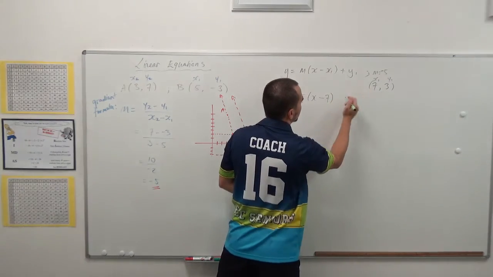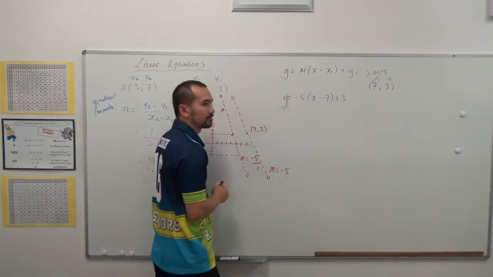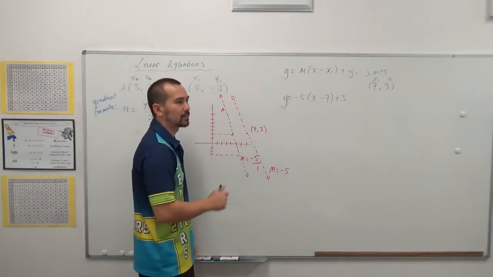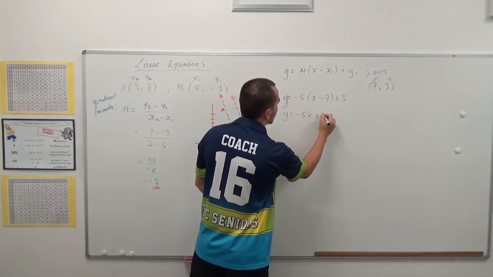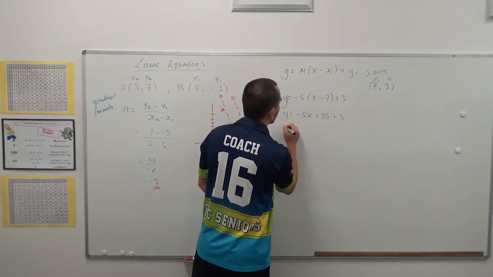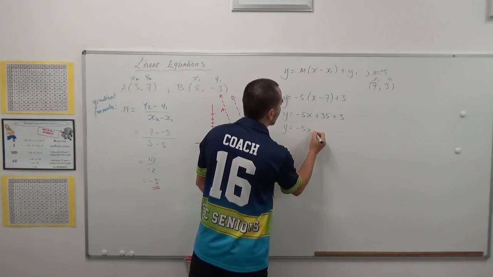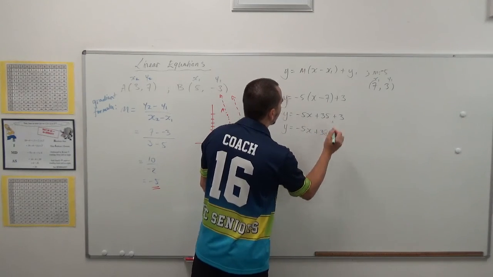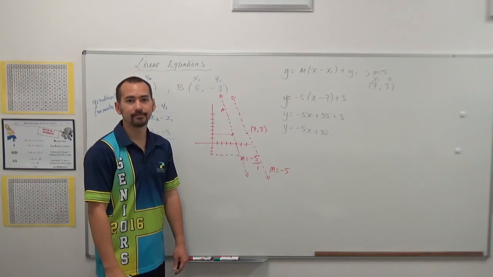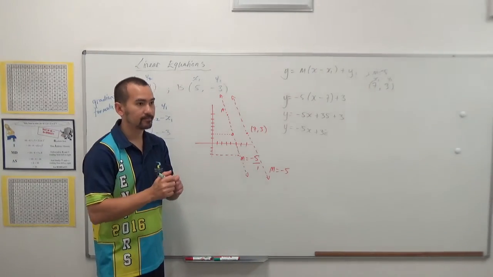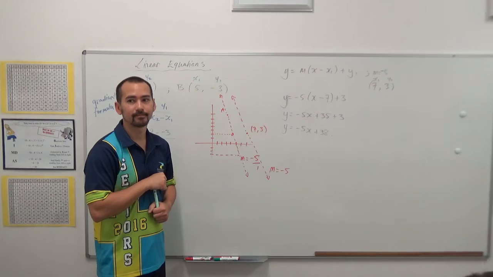There's y1, which is 3. And now we just expand and simplify. y = -5x + 35 + 3 comes up with -5x + 38. That's the equation of y. And we're done.